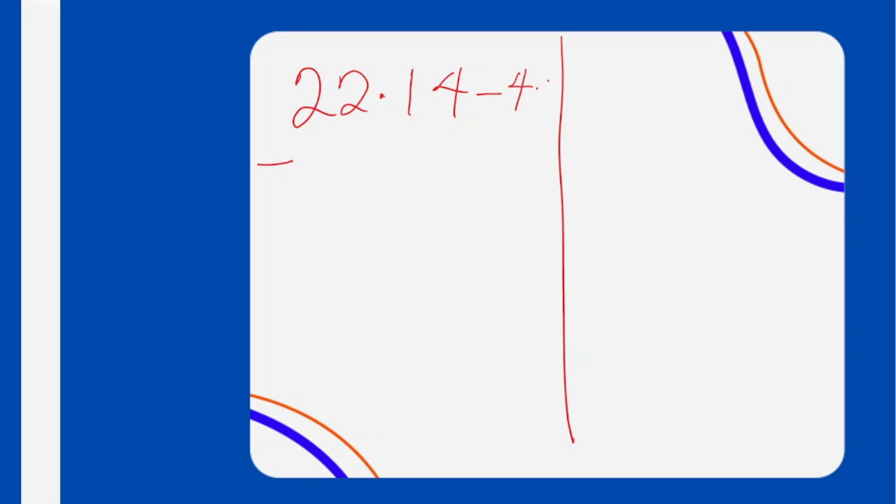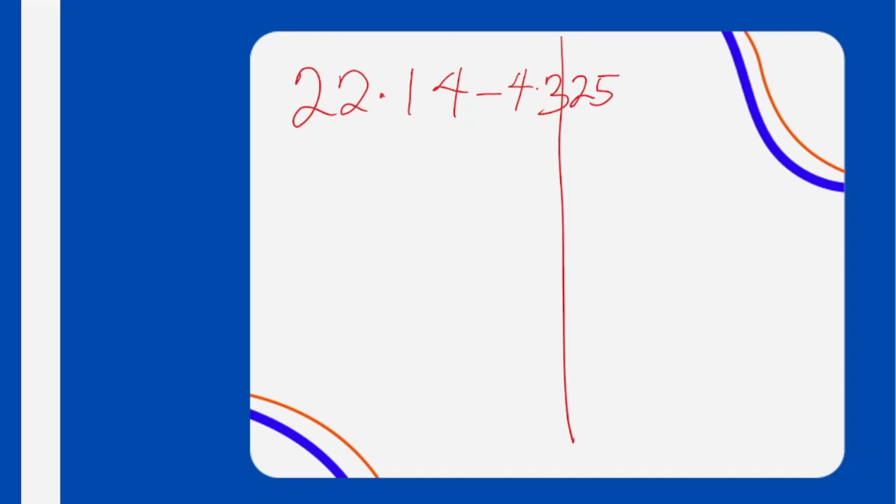Let's say we have 2.14 minus 4.325. We want to subtract this.